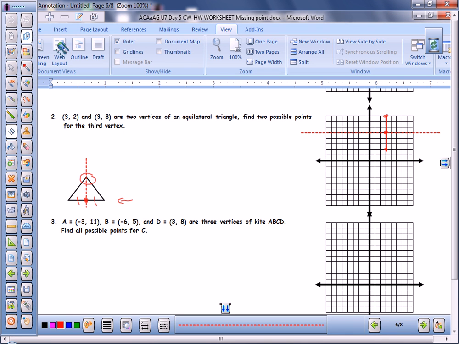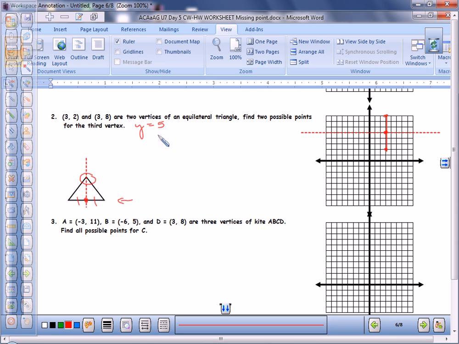Okay. What else do we know? It's an equilateral triangle. All the sides have to be the same length. So what is the distance of every line segment? 6. So we know the distance from here to wherever that point is on this line has to be 6.